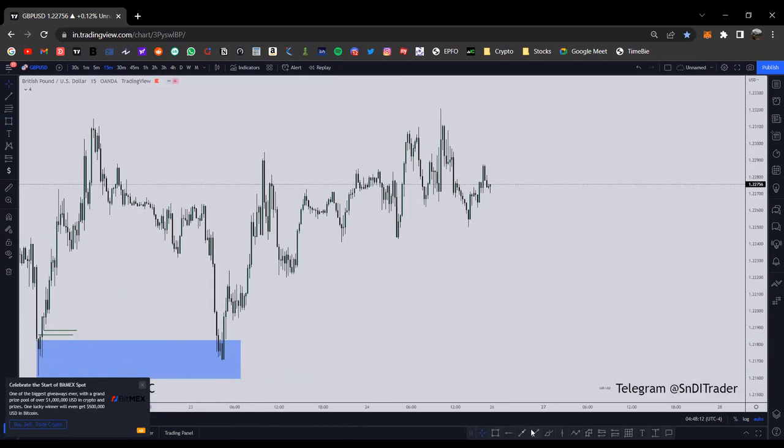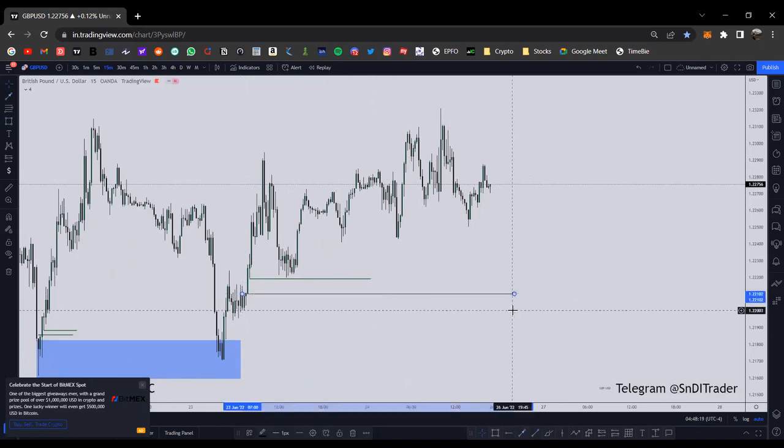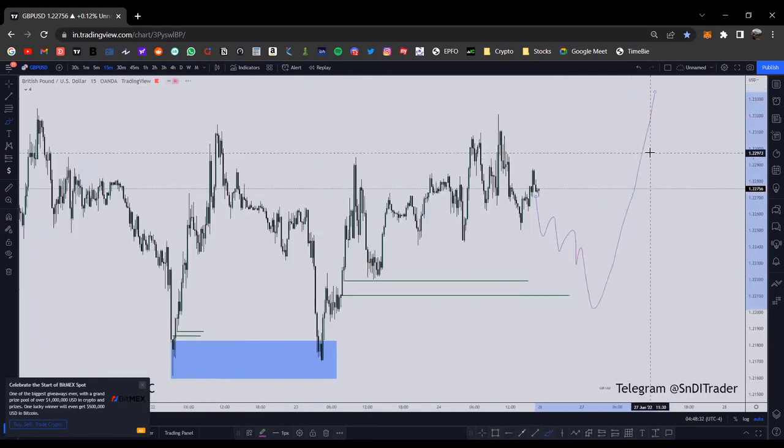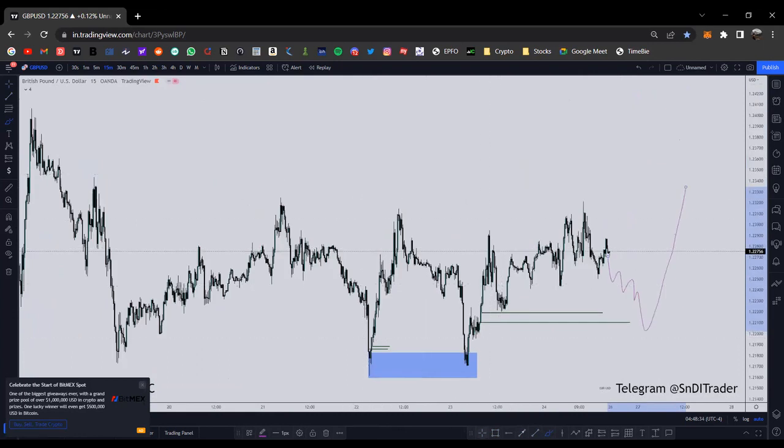Okay, but we have another fair value gap here. So it might come again and fill this fair value gap and mitigate some sort of order block and can give a nice retracement towards the upside.